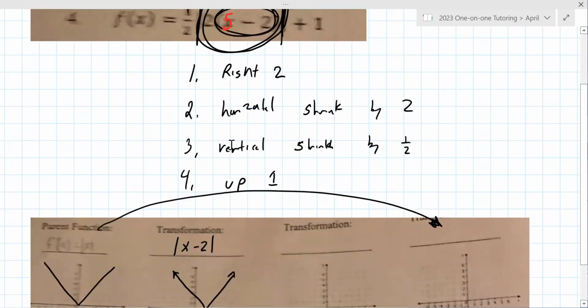Okay, so the next one here is the horizontal shrink by 2. So that's 2 parentheses x minus 2 like this. All right. Any idea what that looks like? In this problem, you're going to be dividing the x units by 2.